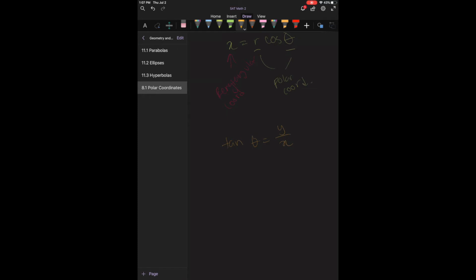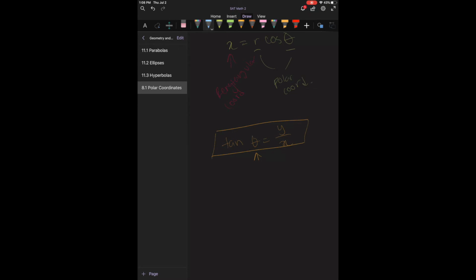Okay, so if we have r, and if we need to find theta, and we have the rectangular coordinates, we can use this formula. It would be really helpful. Cool. Okay.